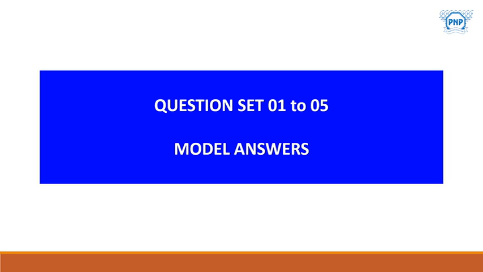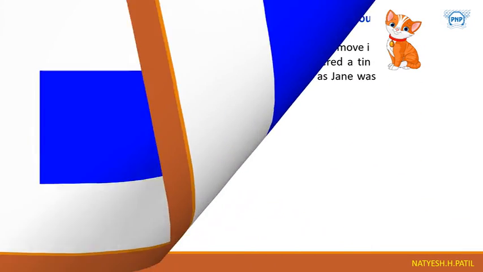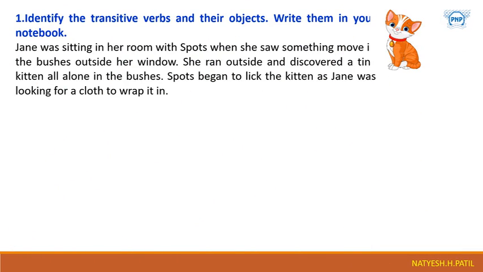Question set number 1 to 5, model answers. So last time the first question was: identify the transitive verbs and their objects, and write them in your notebook.